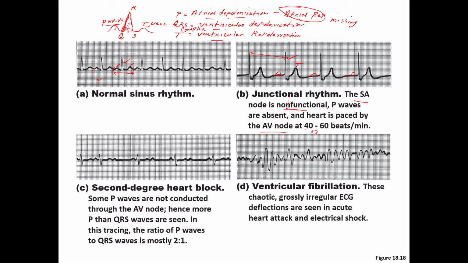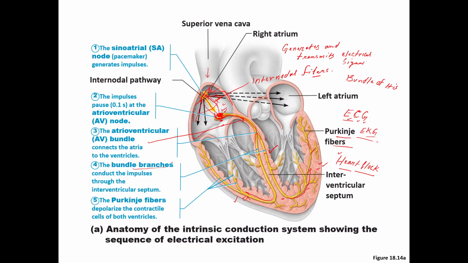Second degree heart block is if the AV node is partially blocked. Some signal will be able to pass through and go to the ventricular wall, but that will be weak and slow. So that is second degree.